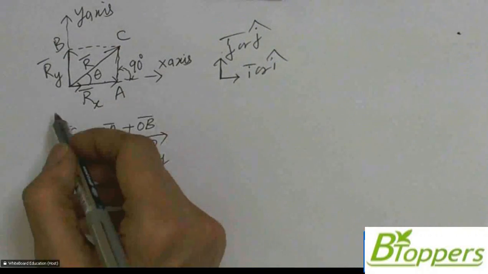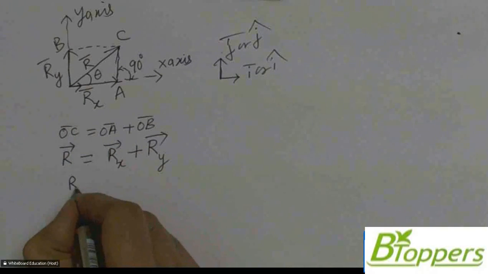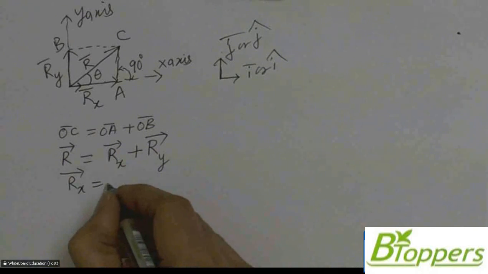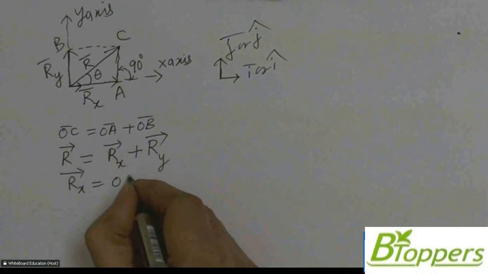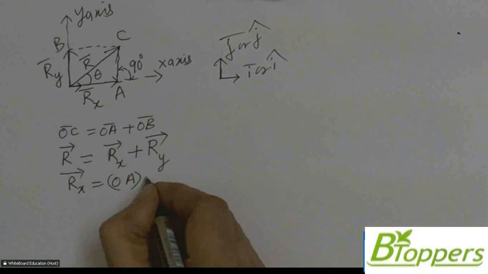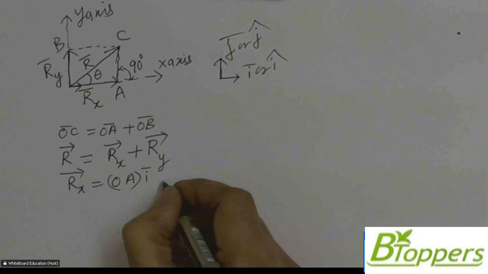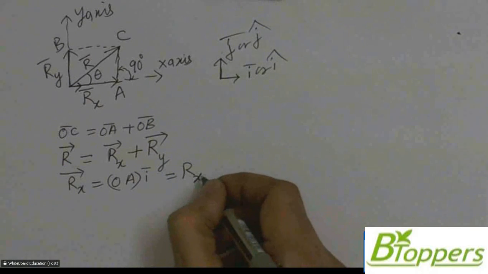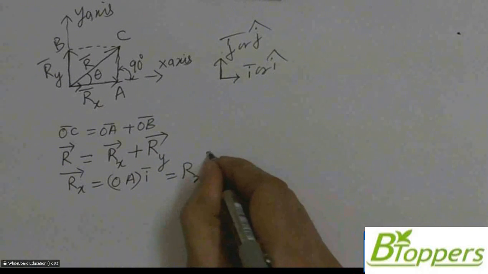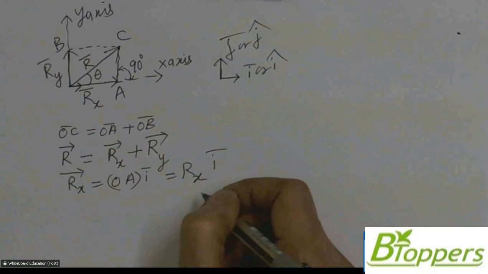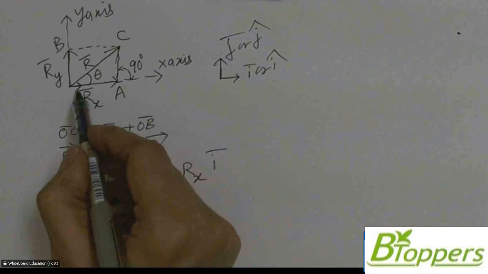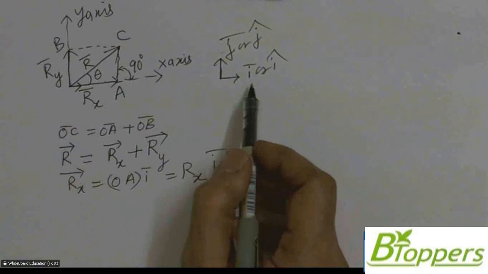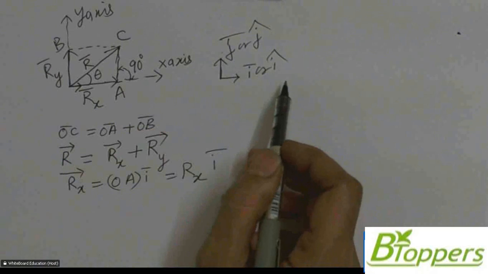So the component vector Rx bar can be written as the length of the line OA into I bar, where the length of the line OA is denoted by Rx. The component vector Rx bar acts along the x-axis, and the unit vector in this direction is denoted by I bar or I cap.